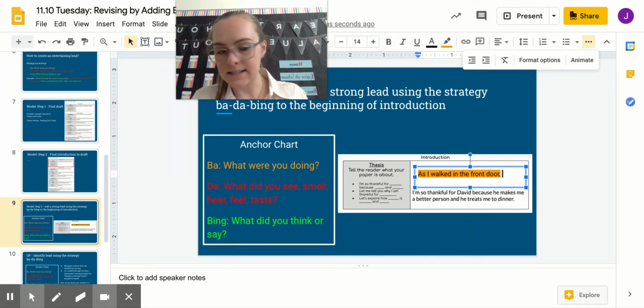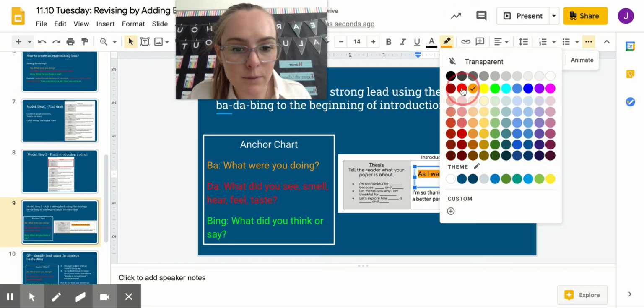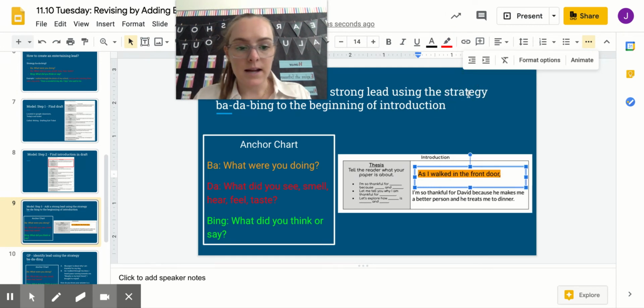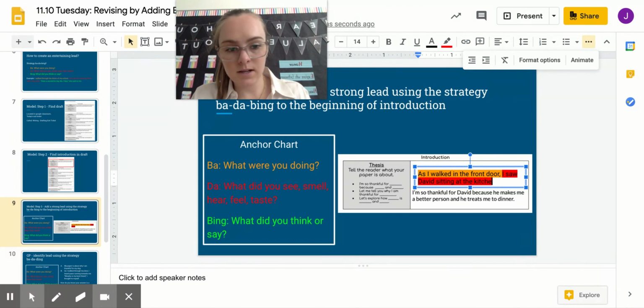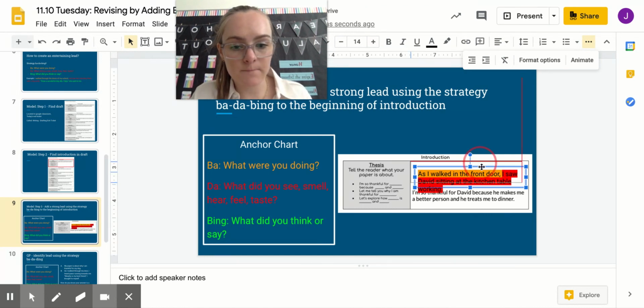What did I see? I'm going to make it red because this is part of my da. As I walked in the front door, I saw David, because that's my topic. I saw David sitting at the kitchen table working. That is what I saw.